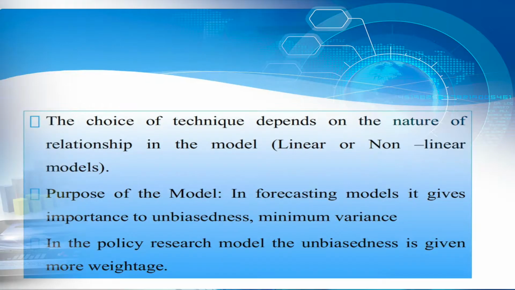The choice of technique depends on the nature of relationships in the model, that may be linear or nonlinear. Purpose of the model: in forecasting models, importance is given to unbiasedness and minimum variance. In policy research models, unbiasedness is given more weightage.